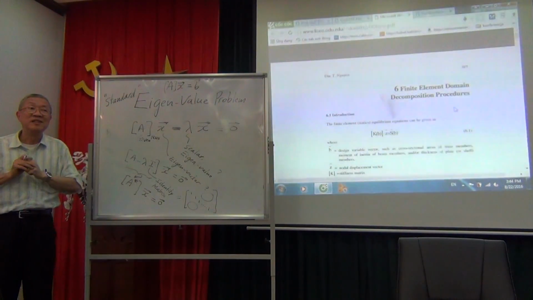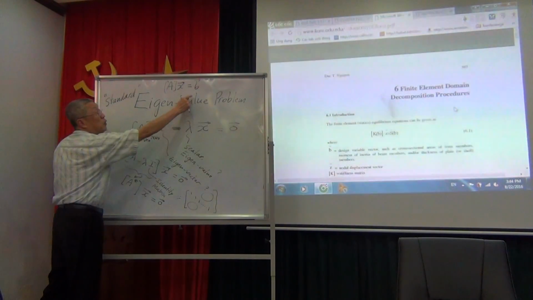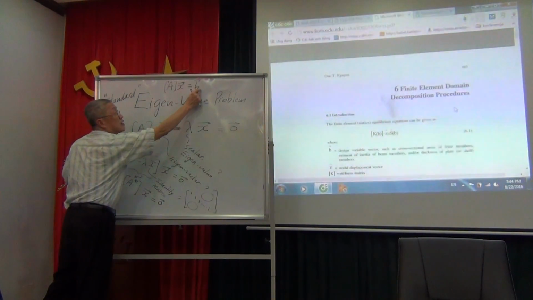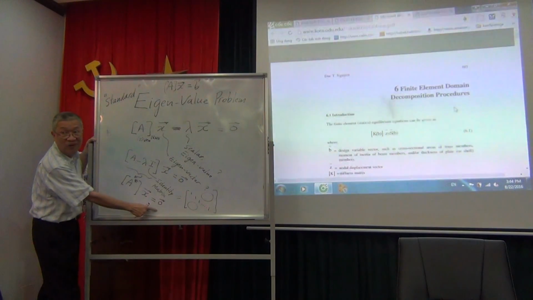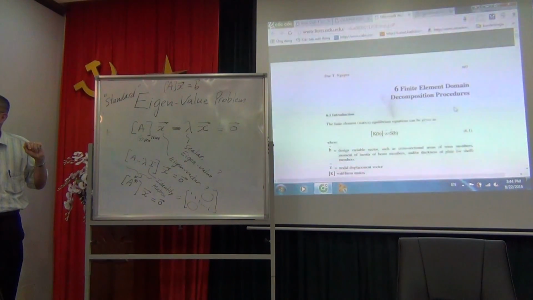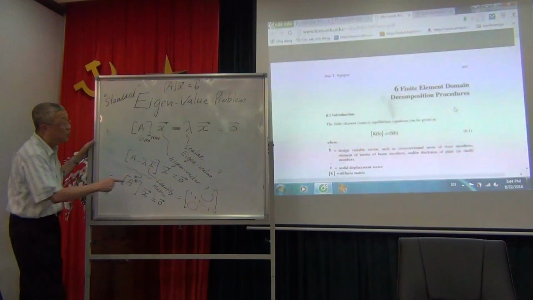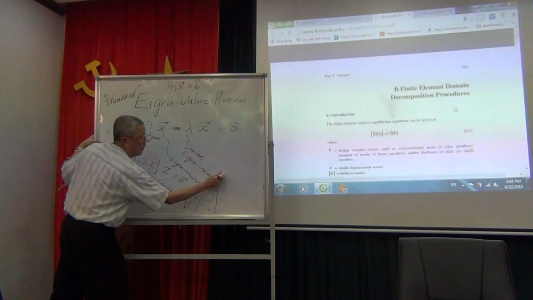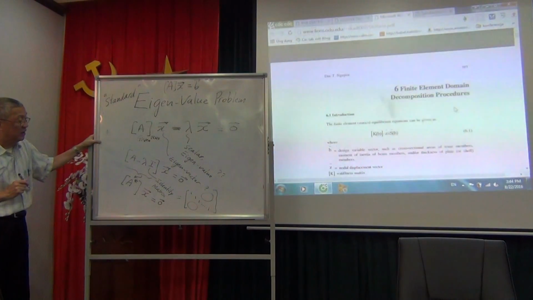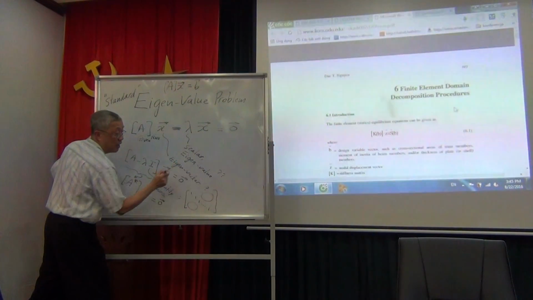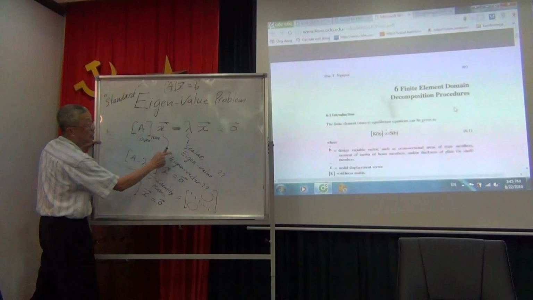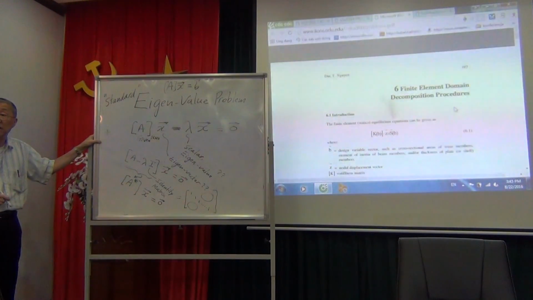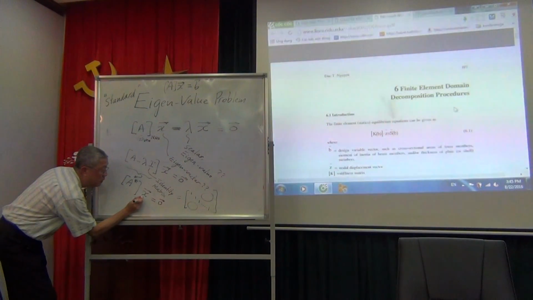What is the difference? The difference here is you can think the vector b on the right hand side now becomes 0. Now, remember what is the unknown? The unknown is lambda, which is the eigenvalue. And the unknown is x, which is the eigenvector.